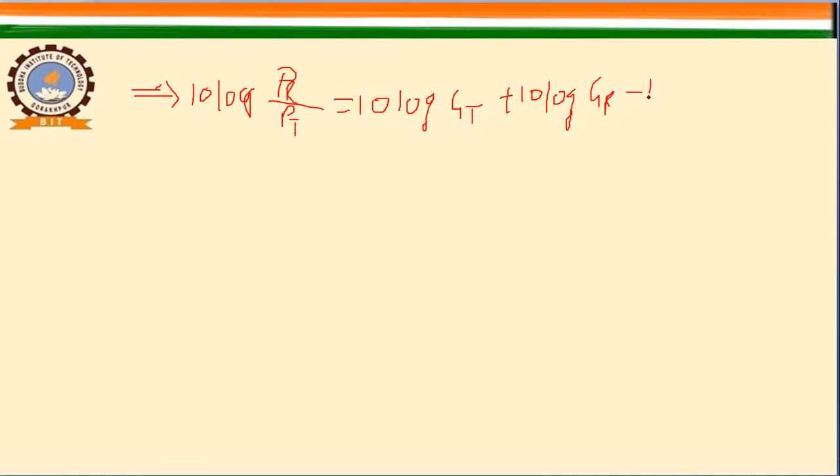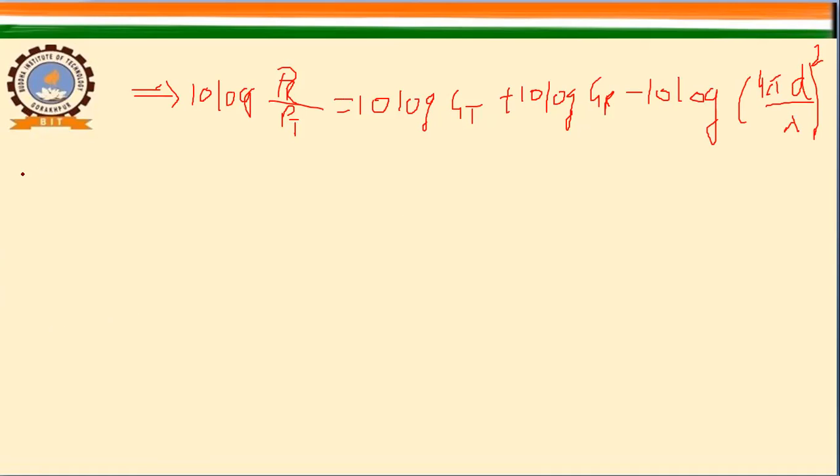So you can write 10 log P R to the power of transmitter is equal to 10 log of transmitter plus 10 log of gain of receiver minus 10 log of 4 pi d upon lambda whole square.